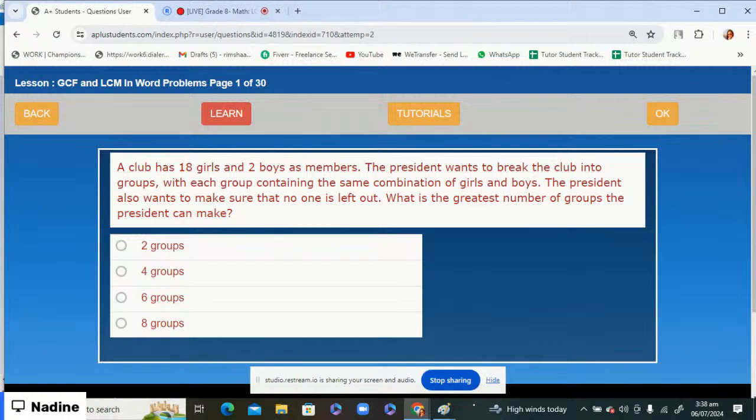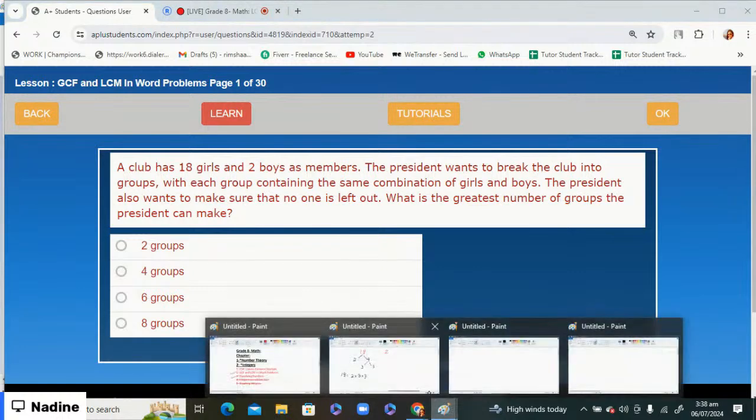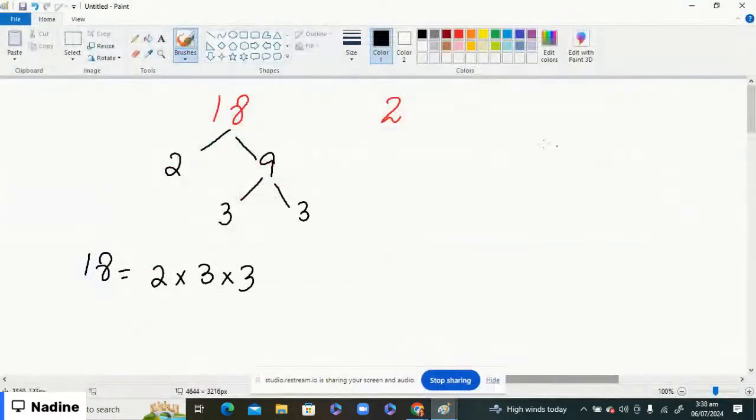Okay, so we have already done it here. Look at this, this is 18 and here is 2. As 2 is a prime number, there is no other common factor for that.